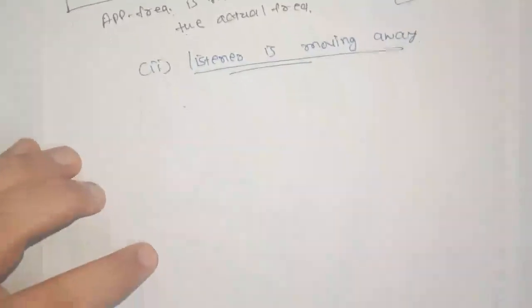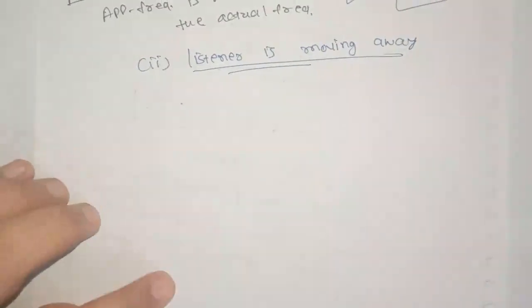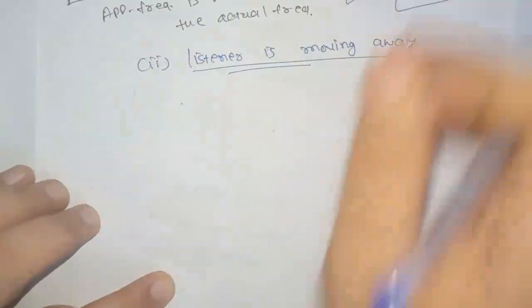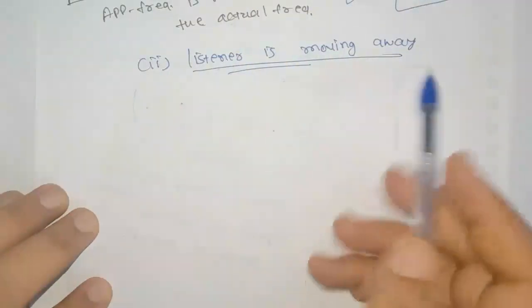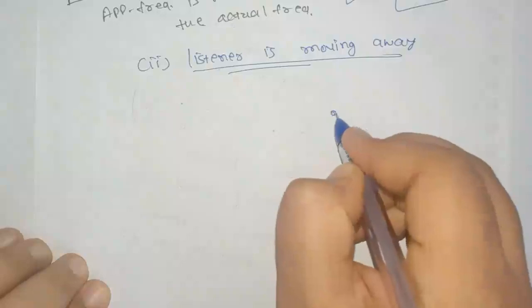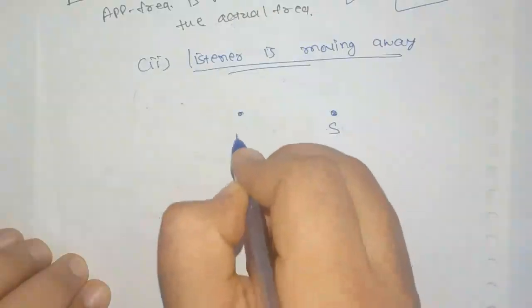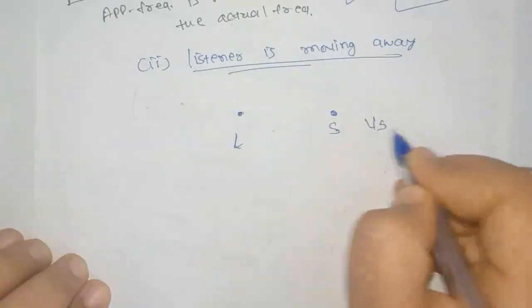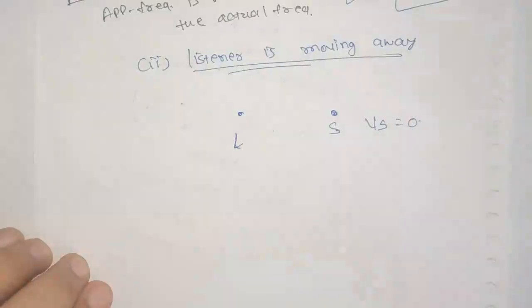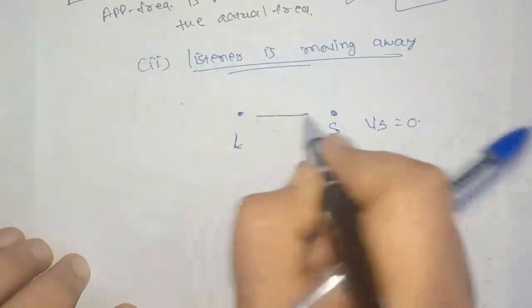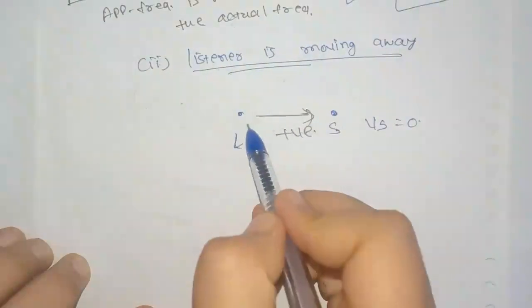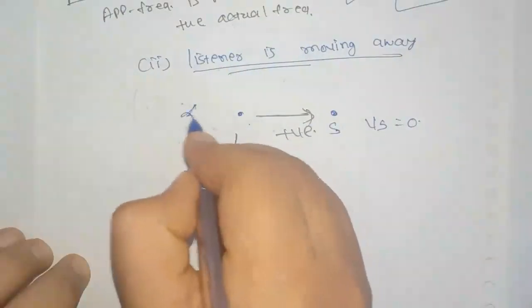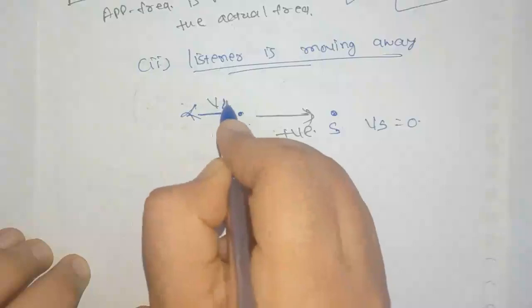Now let us see the second case. In the second case, listener is moving away from the source. This is source, this is listener. The source is at rest, so Vs is equal to 0. And for reference, this L to S direction is taken positive. The listener is moving away from the source, so VL will be in this direction.